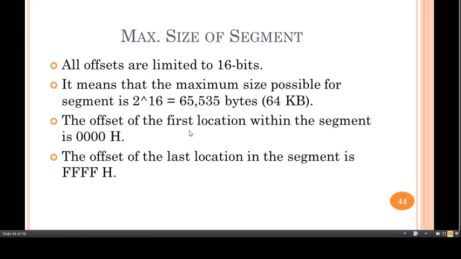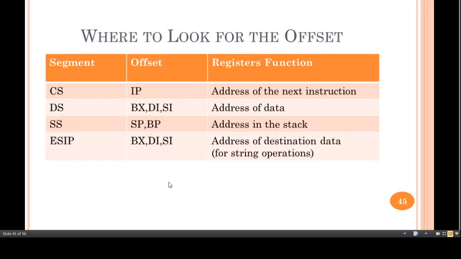The offset of the first location within the segment is 0000H, and the offset of the last location in the segment is FFFFH.